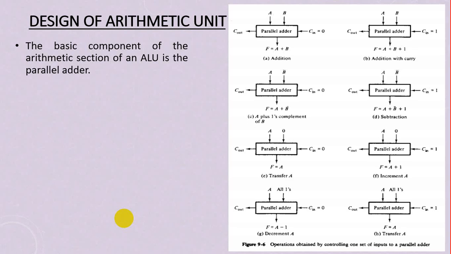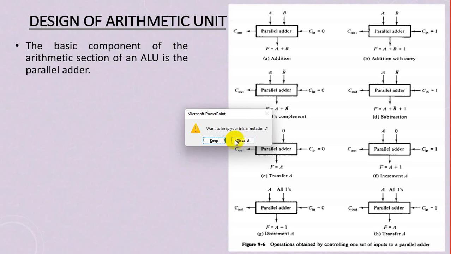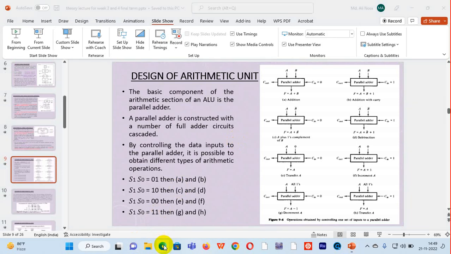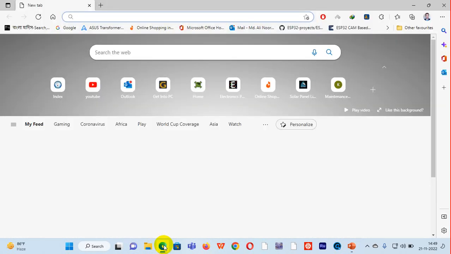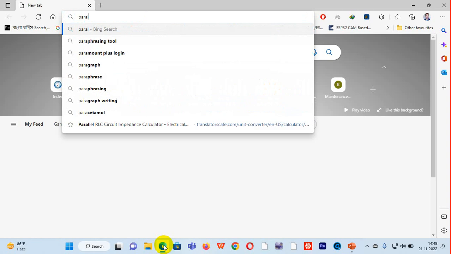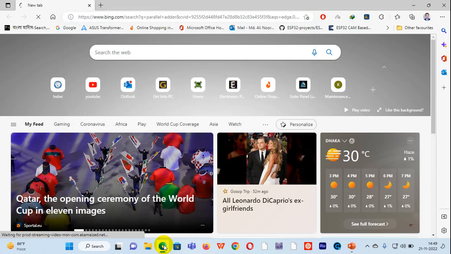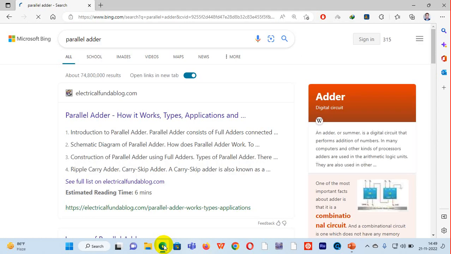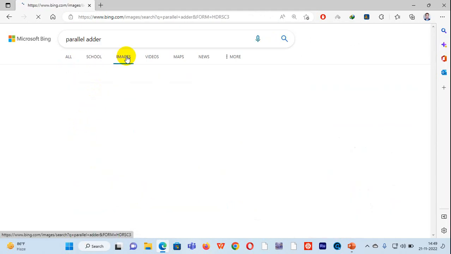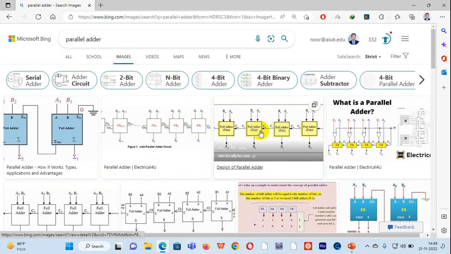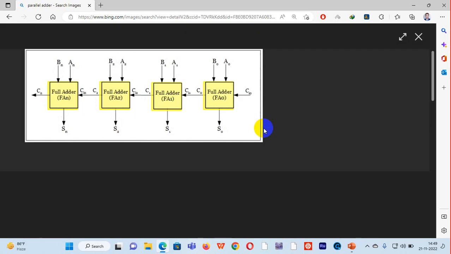So what is a parallel adder? Do you know? Does anyone have an idea? Let me show you the picture of the parallel adder. So this is our hardware.